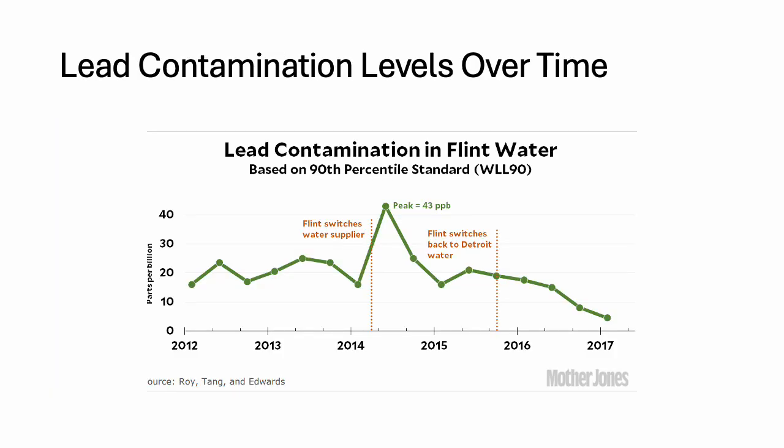So the first is about the lead contamination levels over time. As you can see, according to the data graphs presented by the Mother Jones website, the lead level in the water from 2012 to 2017 had a peak increase from 2014 to 2015, up to 43 ppb, which is a very high level.